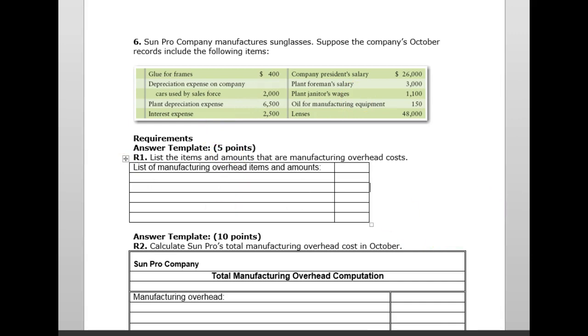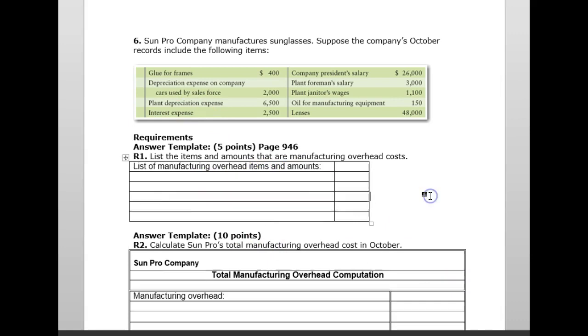You want to try to decipher what's overhead, what is marketing, what might be administrative costs. So what you'll want to do is read page 946, and it will explain how these are classified. And then you'll find indirect materials, you'll find indirect costs that will become part of the manufacturing overhead.